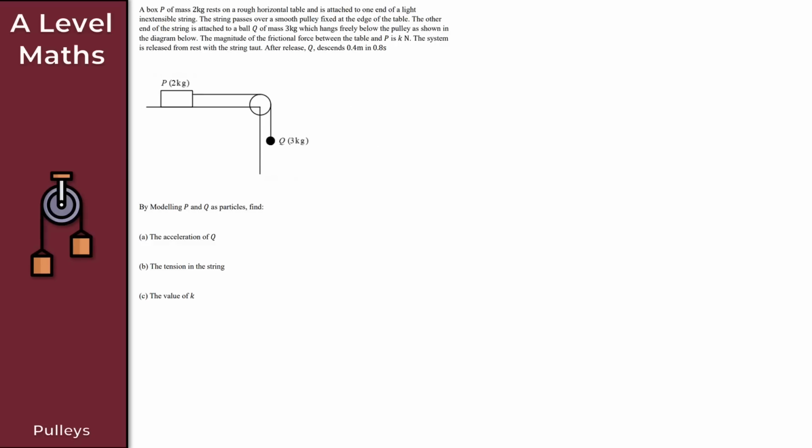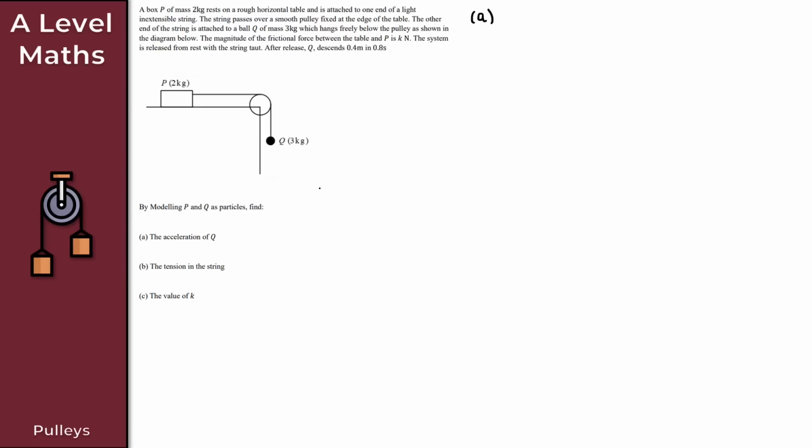We're then told that the magnitude of the frictional force between the table and the particle P is K newtons. The system is released from rest with the string taut, and after release Q descends 0.4 meters in 0.8 seconds. The question says, by modeling P and Q as particles, find a few different things. So let's begin with part A.